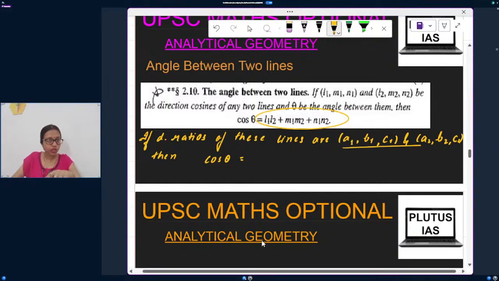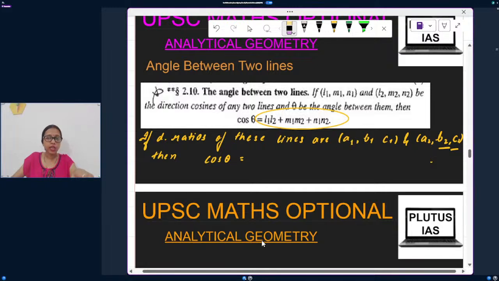I know how to convert direction ratios into direction cosines. How? I will divide each component over here by the square root of a1 square plus b1 square plus c1 square, and each component over here by the square root of a2 square plus b2 square plus c2 square.